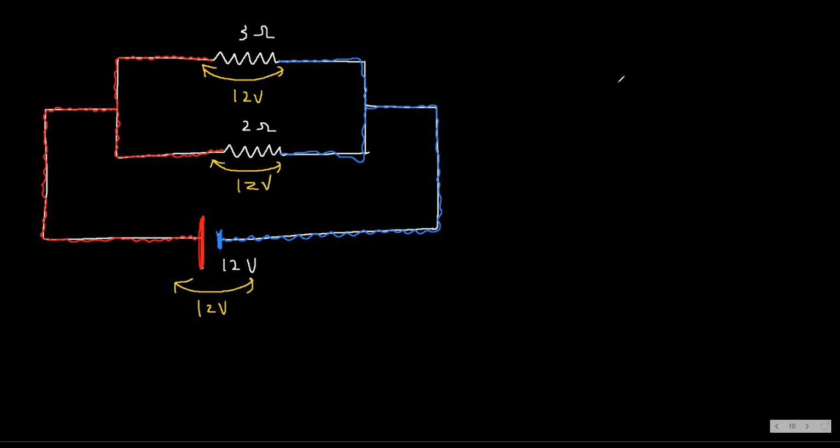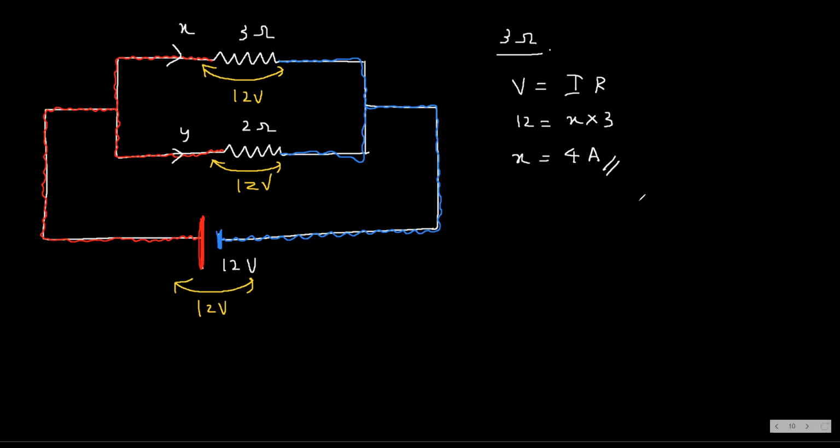So I'm going to consider the current through the 3 ohm as X and the current through the 2 ohm as Y. I'm going to apply Ohm's law for the 3 ohm. V is equal to IR. V is 12 volts, we have already found the potential difference. I is X and R is 3. Then X is equal to 12 over 3, that means 4 amperes. Is it clear?